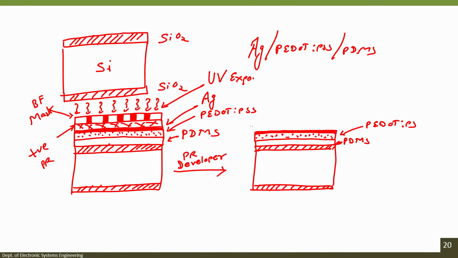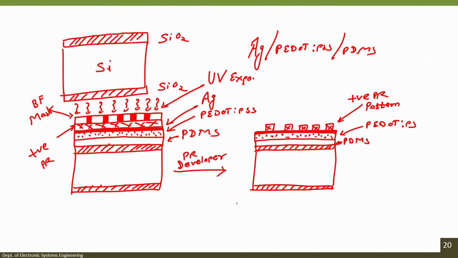On silver, now you have done the lithography and developed your photoresist. So, what you will have is the positive photoresist, patterned. So this is what we see here.